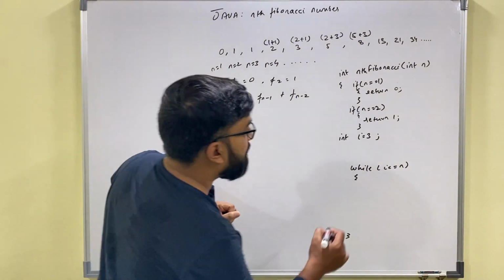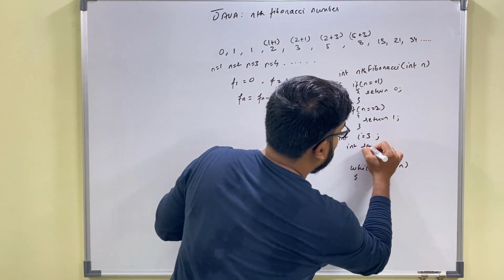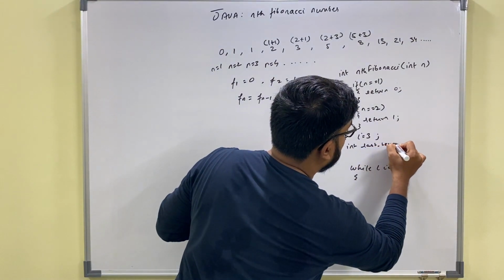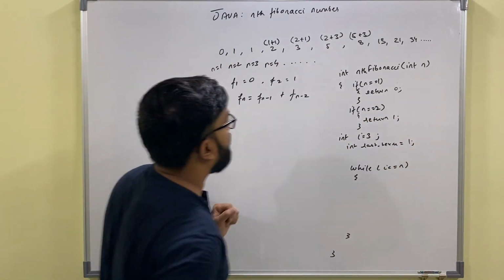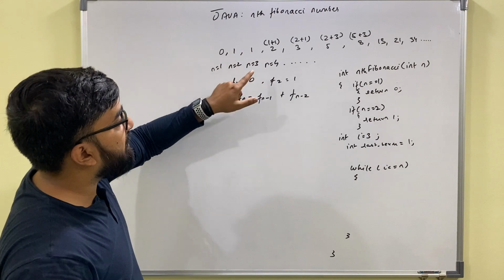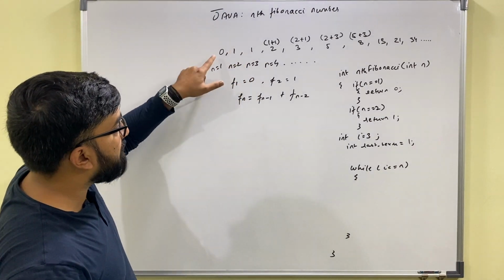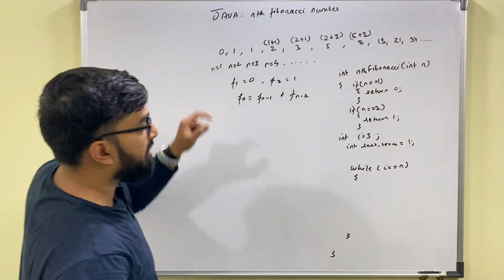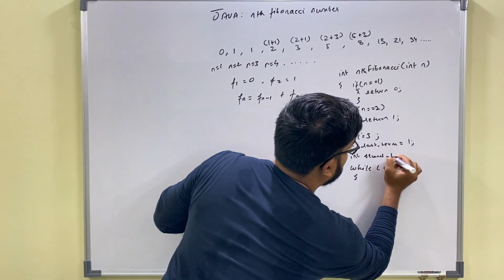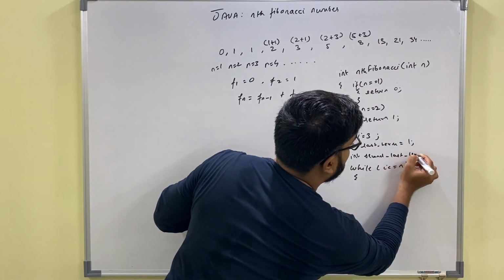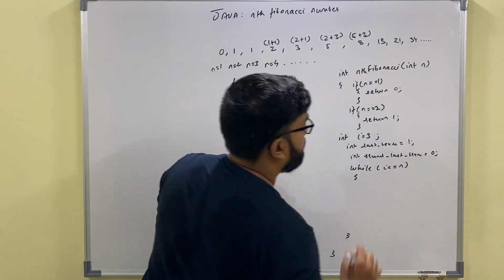So I am going to say int lastTerm is equal to 1 for i equal to 3. For n equal to 3, this is the last term and this is the second last term. So int secondLastTerm is going to be 0.